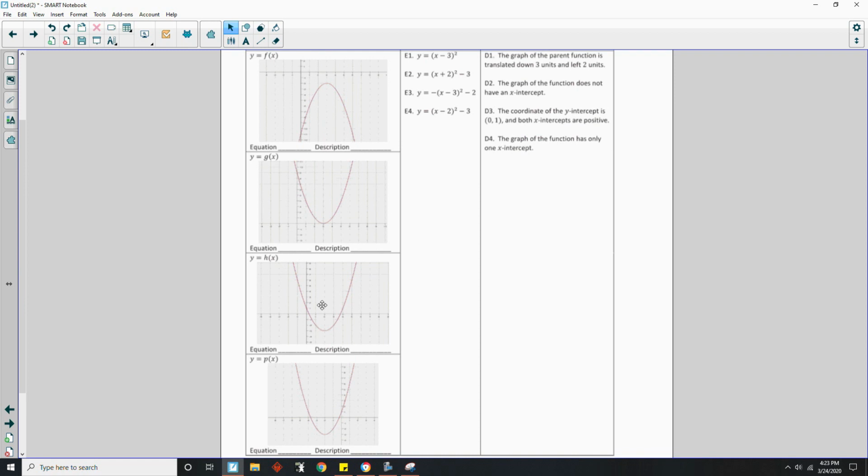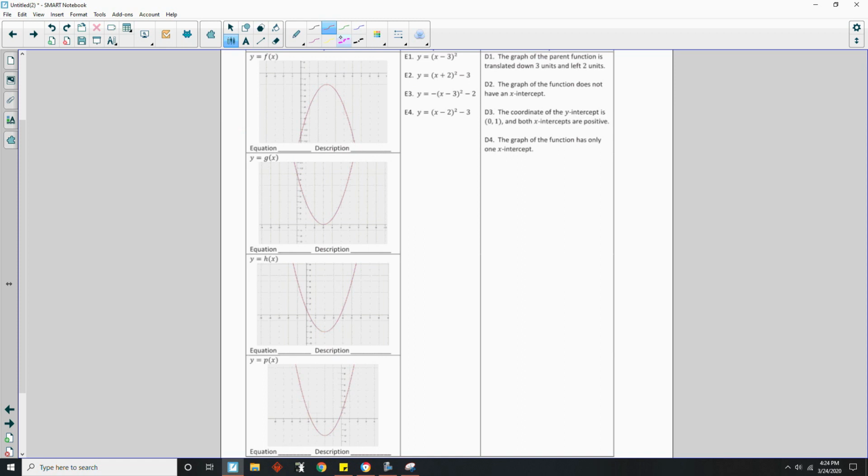Okay, so I'm looking at these. They're all parabolas. Opening up, opening up, opening up, opening down. So looking for really easy ways to choose your solutions. There's only one down, and there's only one negative a. See this negative sign right here? That means E3 is the one that opens down.